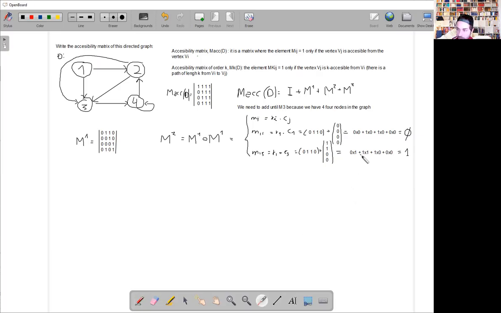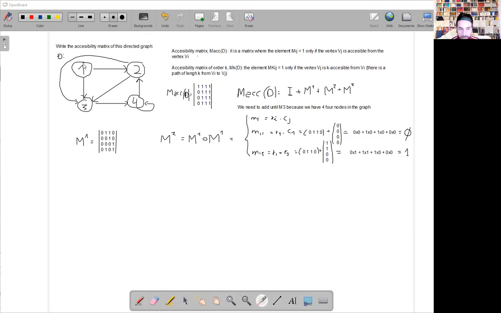You have to take into account that we are doing logical operations here, right? So that means that even if we have all ones everywhere here, the final result would still be 1, right? Because we only want to specify yes or no, right? Is one vertex accessible from other? Yes, it's a 1. No, it's a 0, right? This is the only result that we will have on these matrices.